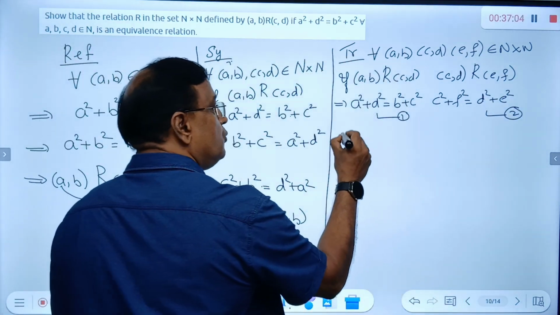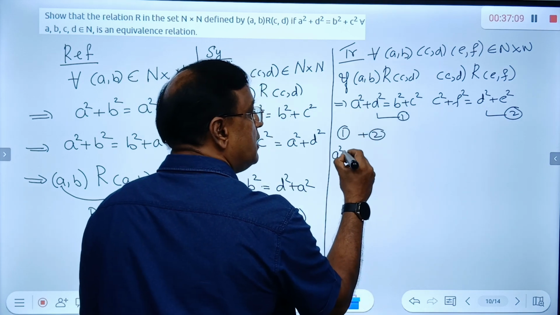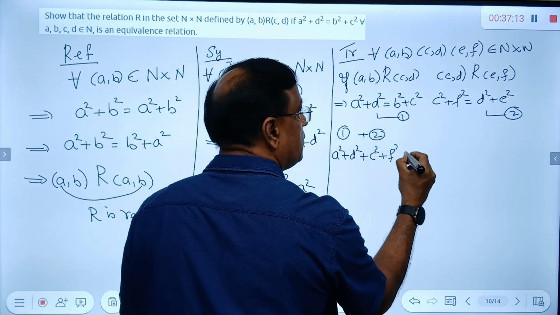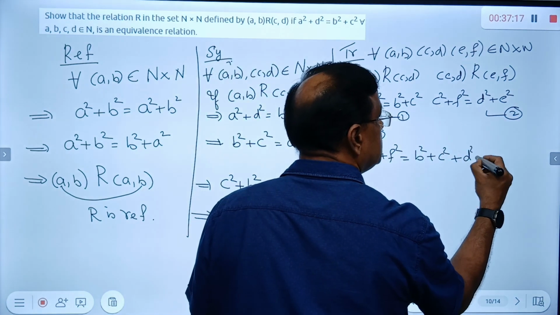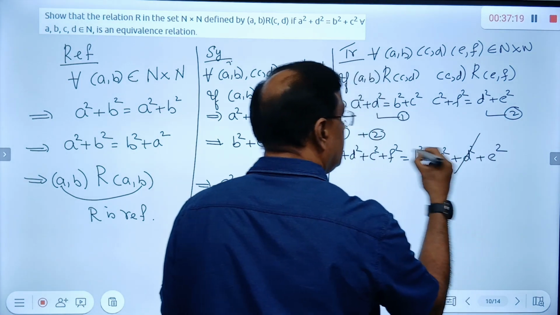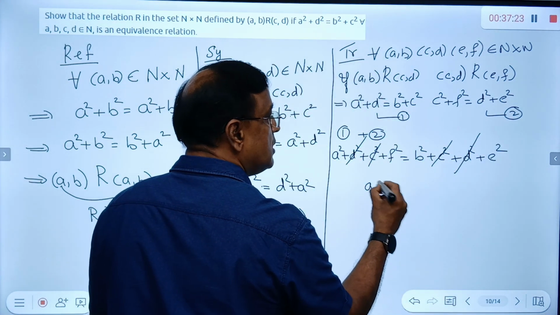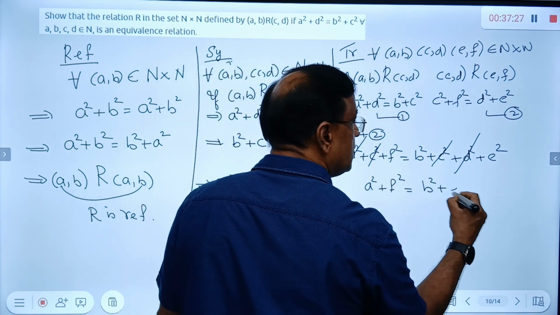Now what do you do? You add 1 plus 2. When you add, you get a square plus d square plus c square plus f square equals b square plus c square plus d square plus e square. So d square gets cancelled, c square gets cancelled, and you get a square plus f square equals b square plus e square.